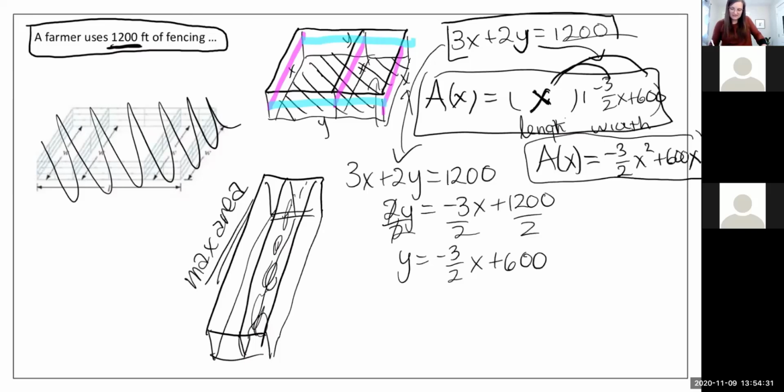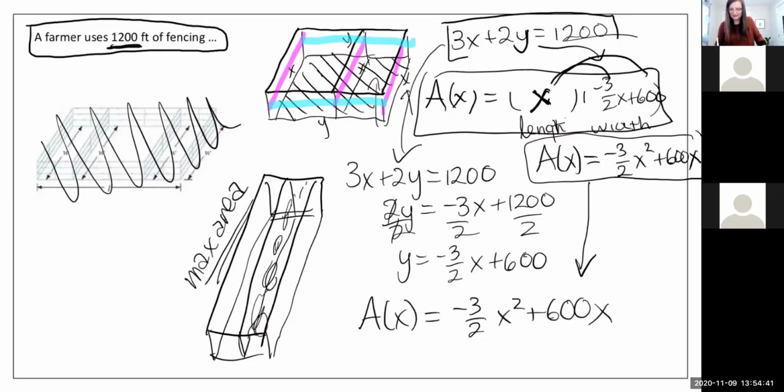Right now it's in standard form, like A, B, C, plus 0. You could do several things with this. You could ask the question, when is it maxed?